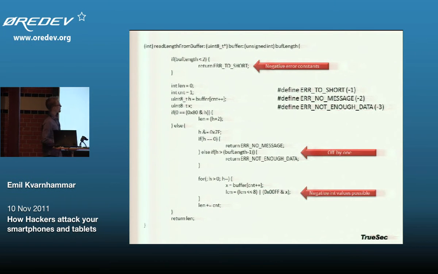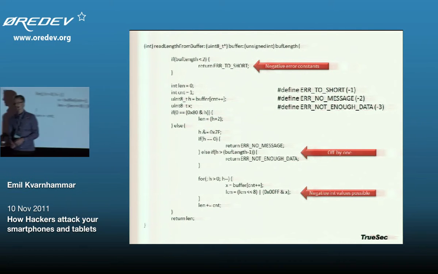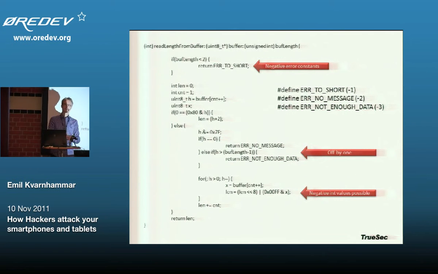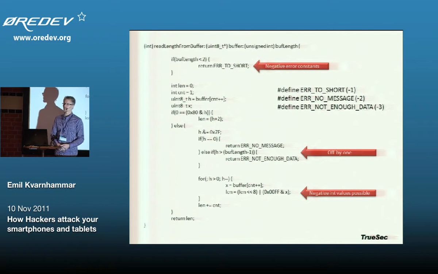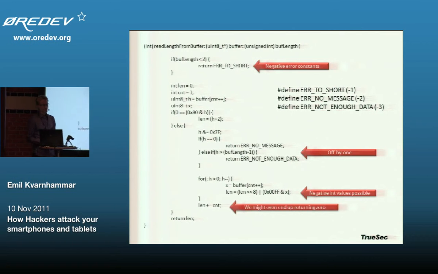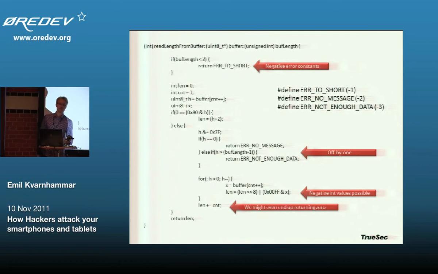And when it's decoding the total length of the message, it just takes byte by byte and shifts it 8 steps. Which means if we have 4 bytes, which means 32 bits, a full integer, we can end up with negative values too. We might even end up returning 0, which again might not be expected by the code that's calling this function.